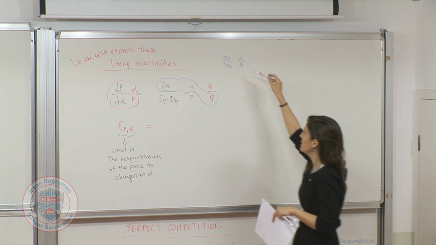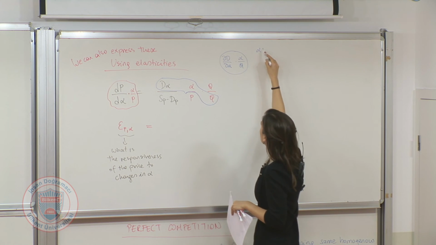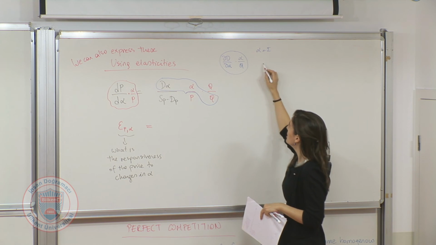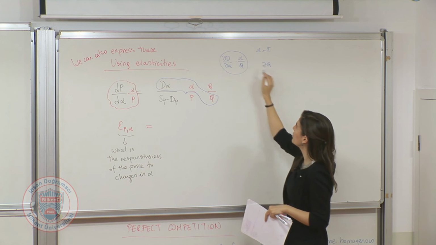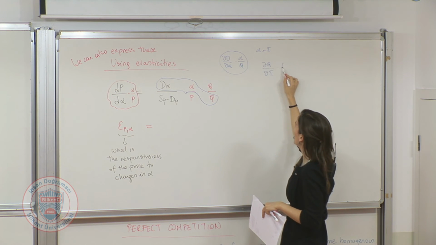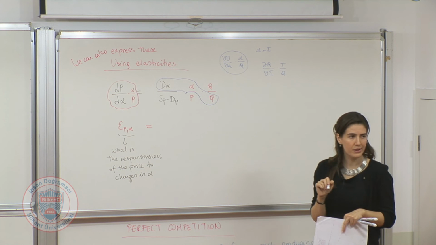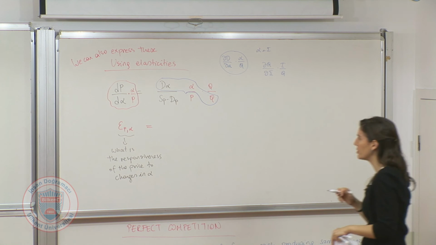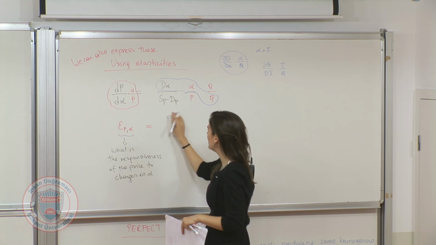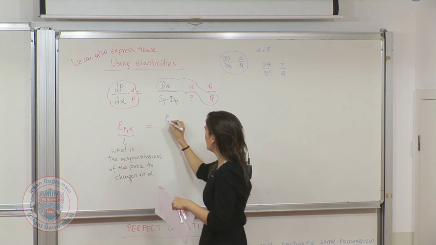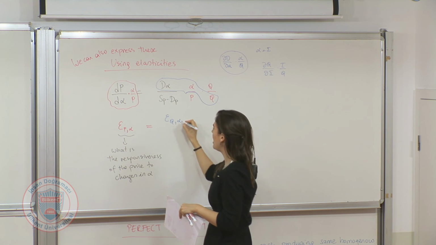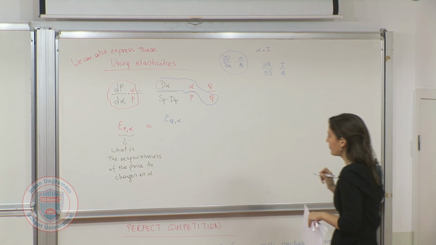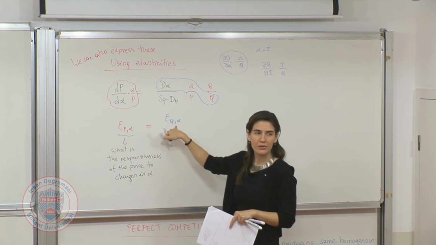Suppose alpha is income. Then this is del Q, del I over Q. This is income elasticity, right? So this is the elasticity with respect to the shift factor, okay? So the elasticity of Q with respect to alpha, if alpha is income, is the income elasticity of demand, right?